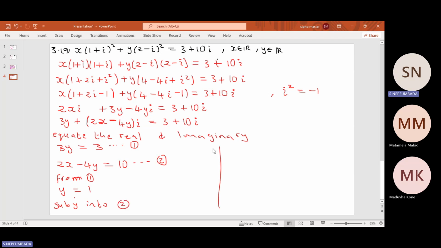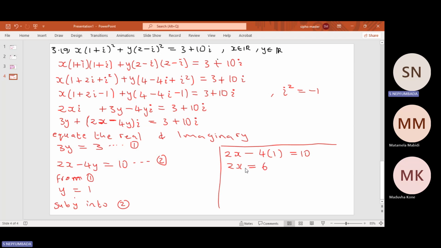It means we're going to end with 2x minus 4 into 1 is equal to 10. Therefore, we take 4 to that side, then we'll get this.